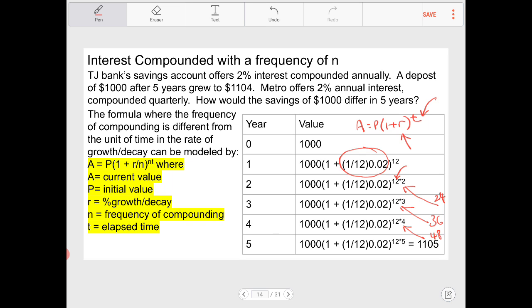So what we're really doing here is compounding monthly. What that translates to is the account will be growing at a monthly rate, and because of that, the account will at the end grow slightly quicker than an account that's compounded annually.